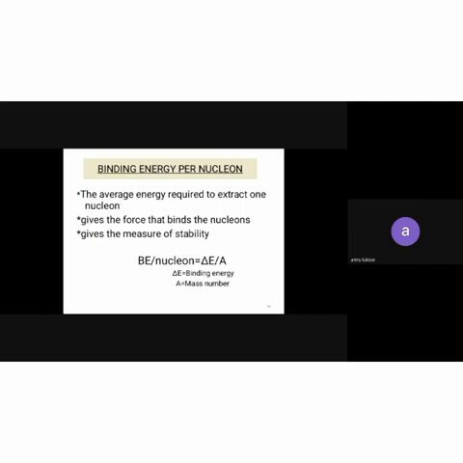The binding energy per nucleon gives a measure of the force which binds the nucleons together inside a nucleus, and it also gives a measure of the stability of the nucleus. The greater the binding energy per nucleon of a nucleus, the more stable the nucleus.